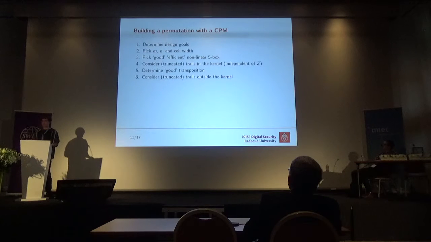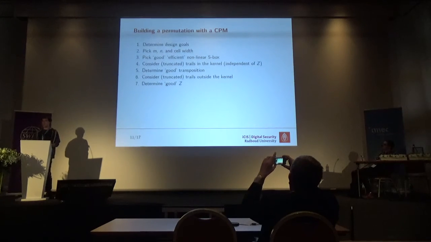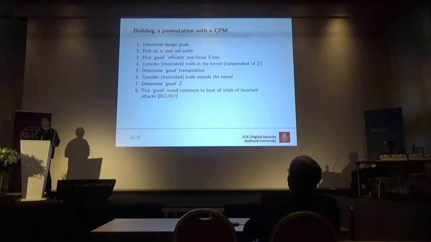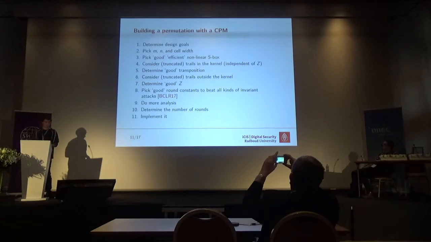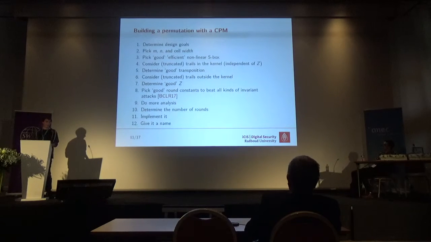And then of course we can start looking for trails outside the kernel. We can determine this matrix. We add some round constants. Thanks to this Crypto paper from 2017, we know how to do that now. Then you do more analysis, determine the rounds, implement it, and give it a name. So now we want to look at trails.